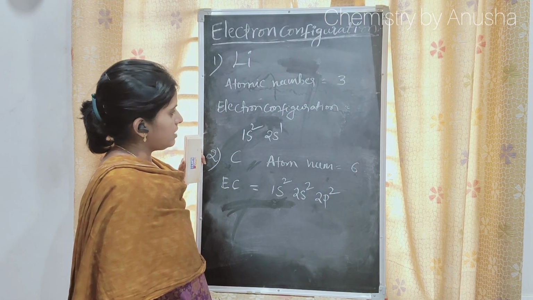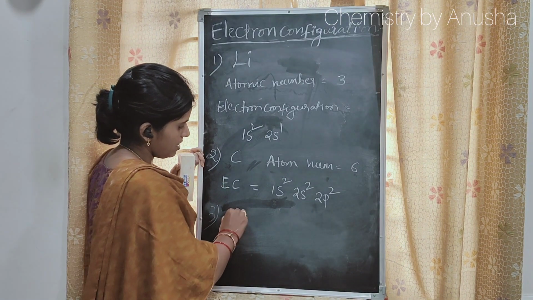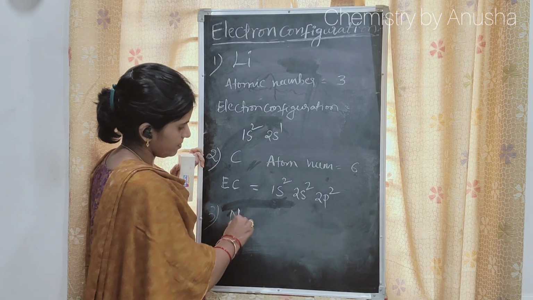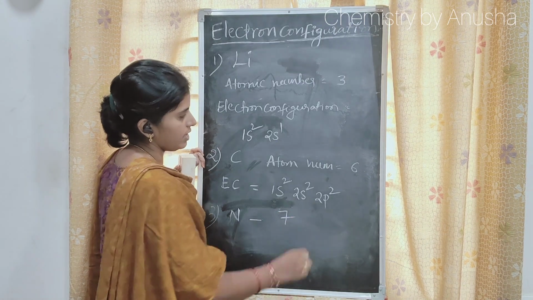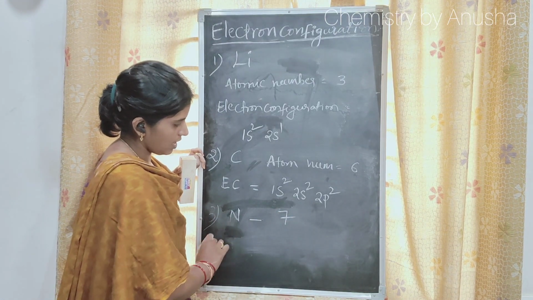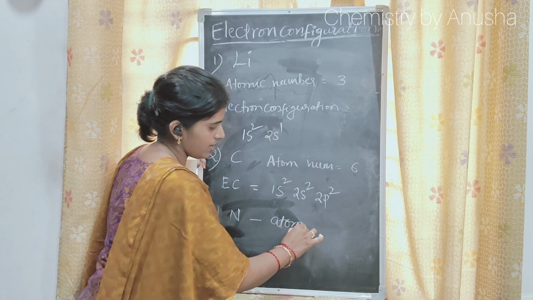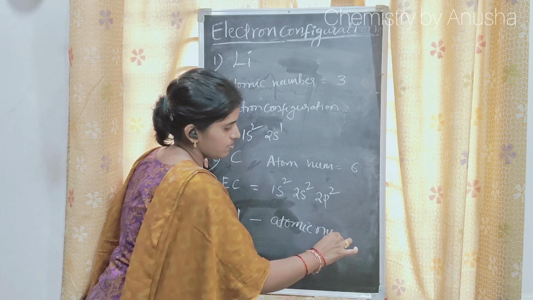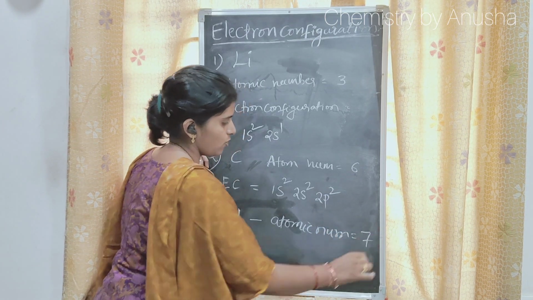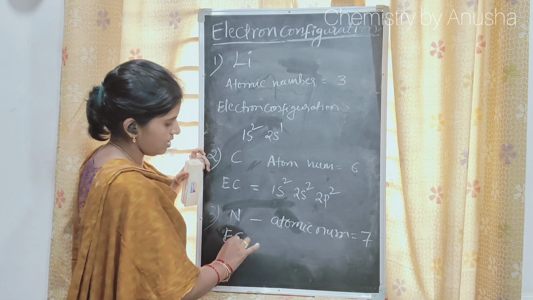After that, one more example, nitrogen. Nitrogen has atomic number 7. Atomic number 7 means the number of electrons available in nitrogen is 7.